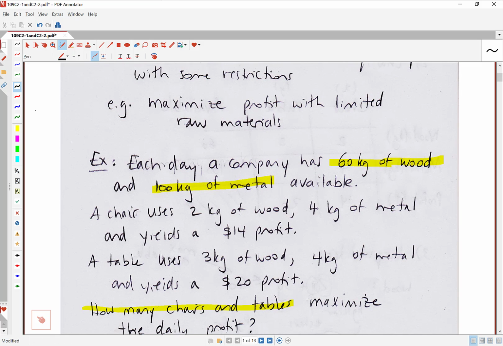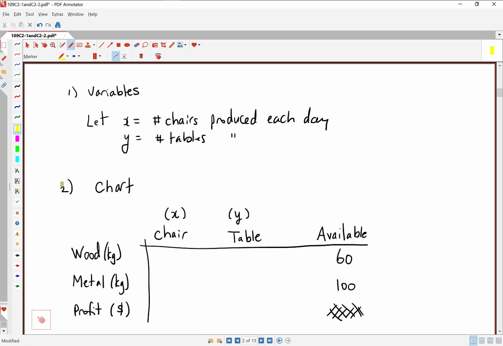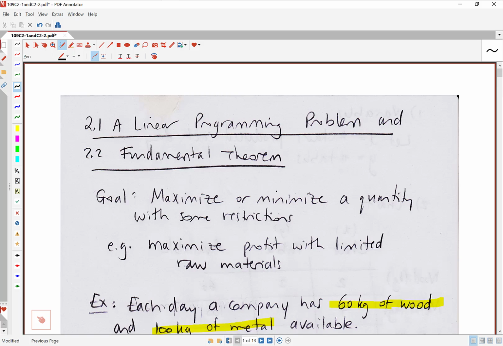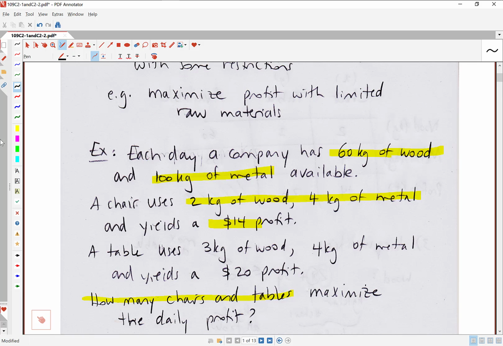A chair uses 2 kilograms of wood, 4 kilograms of metal, and yields a profit of $14. So we fill those numbers in, 2, 4, 14, and we can do the same thing for tables. Each table uses 3 kilograms of wood, 4 kilograms of metal, and yields a $20 profit.